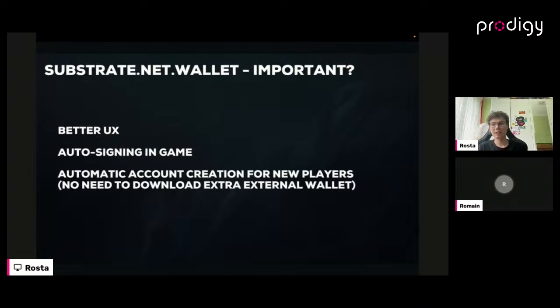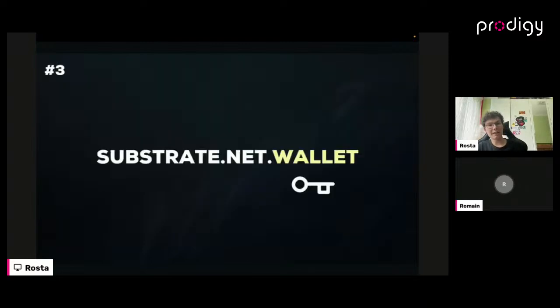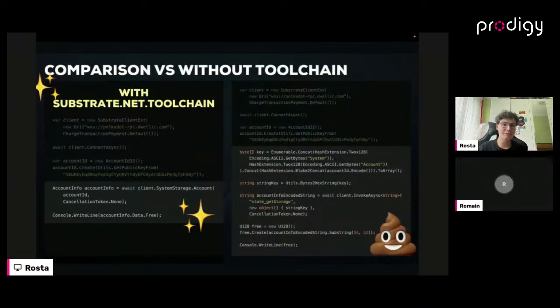Yeah, exactly. Also, even regarding the toolchain generation and things like that, I believe, from what Cedric said, it should be the same as Polkadot JS API. But now I've tried to work more with the Polkadot JS API, and I found it very difficult to use.